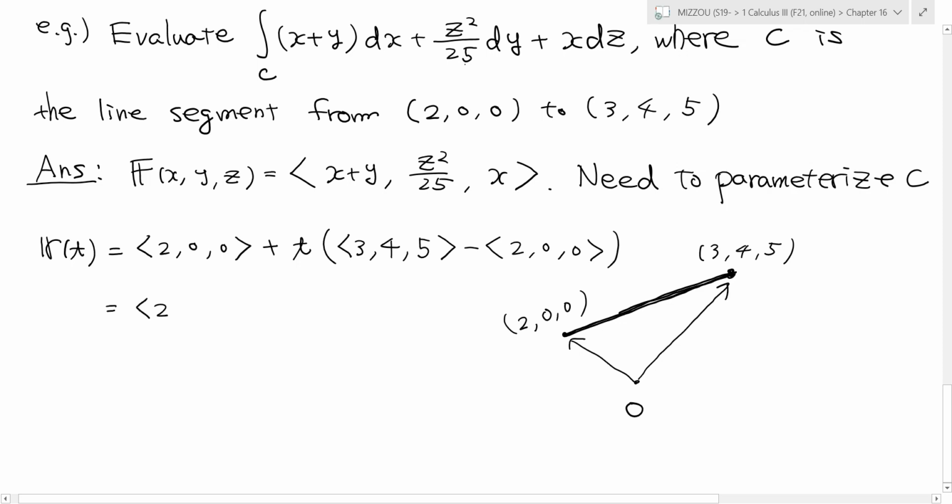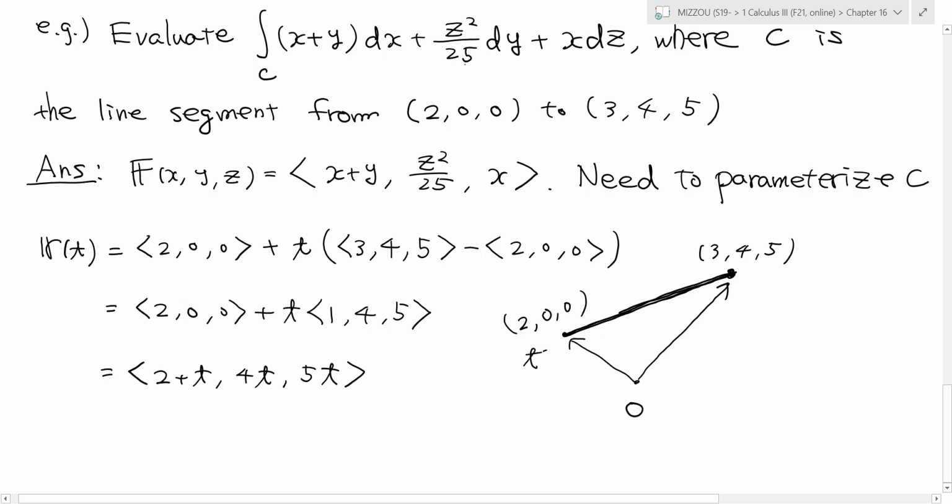And that is equal to 2, 0, 0 plus t times 1, 4, 5. If you combine those, you get 2 plus t, 4t, and 5t. Of course, when t is equal to 0, you are here.